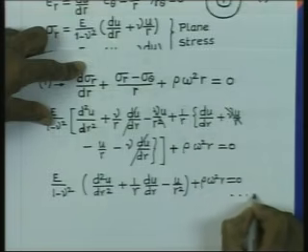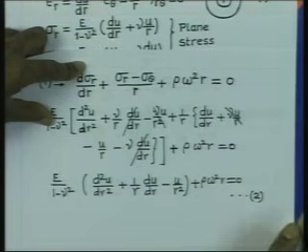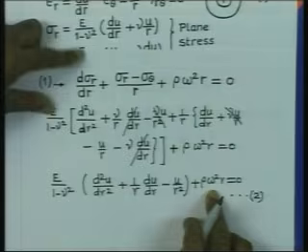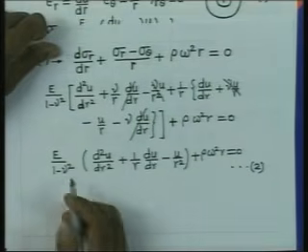So, this is the equation which is similar to that of the thick cylinder, except that we have a non-zero term here.